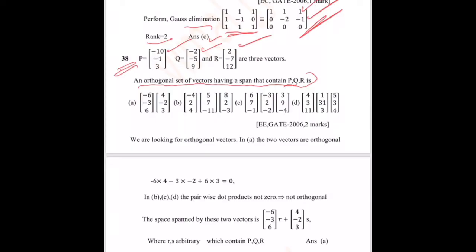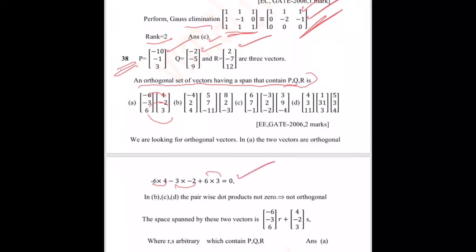For 2 vectors to be orthogonal, A transpose A is equal to 0. That is, minus 6 into 4, minus 3 into minus 2, 6 into 3, which is equal to 0. So the 2 vectors are orthogonal.